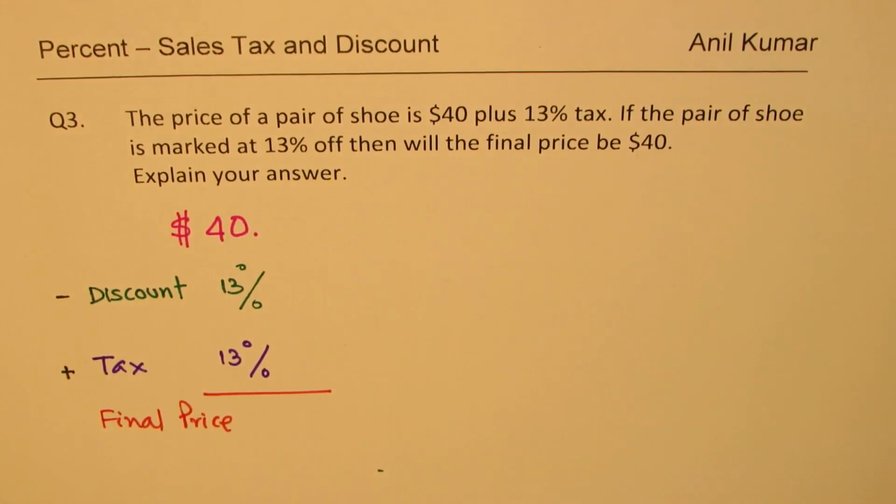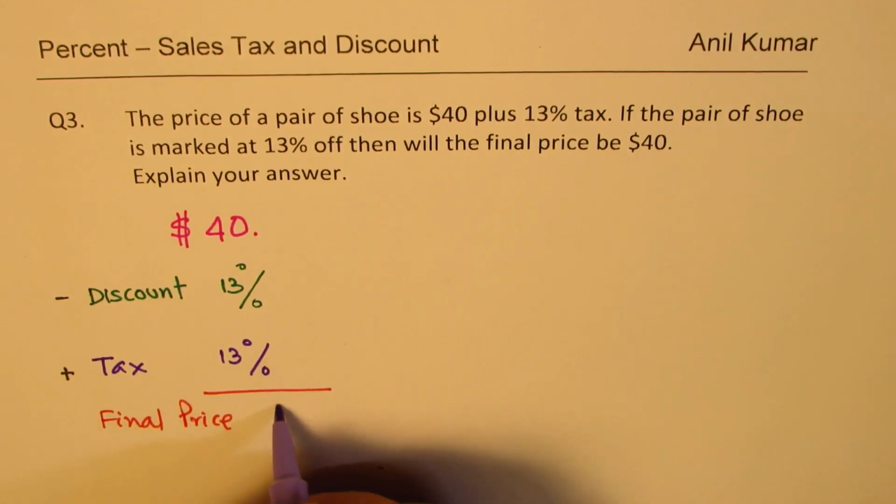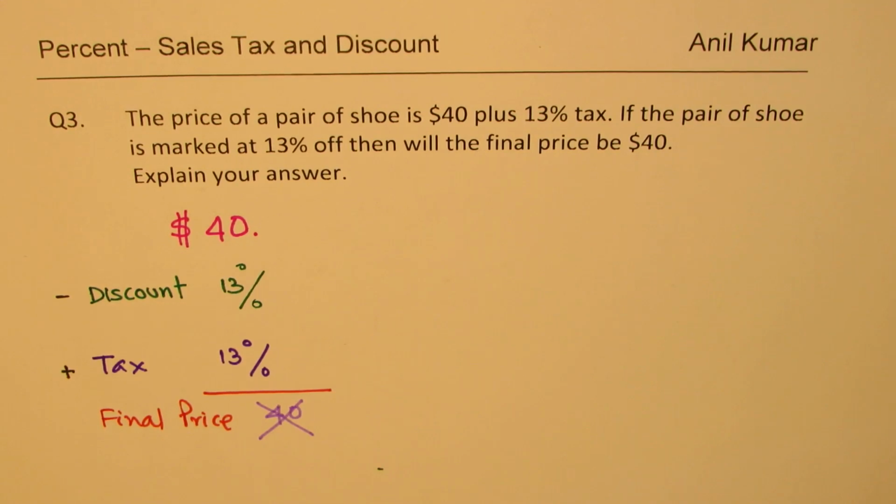Is that clear? Now let's try to figure it out using our calculations. I think you must have got the answer by now, but definitely let me tell you, this is not 40, right? If you are thinking it is 40, then that is a wrong answer. Now let's see why.